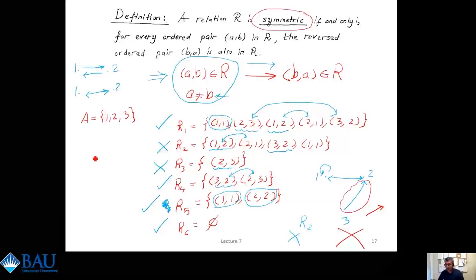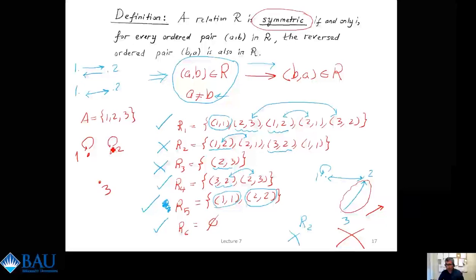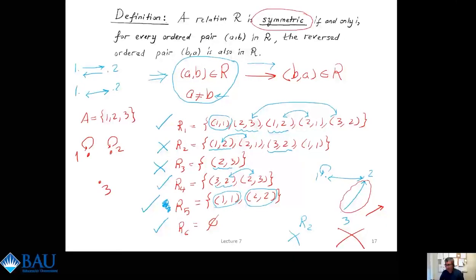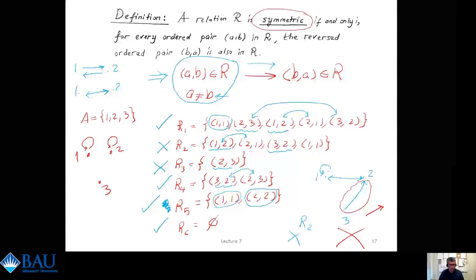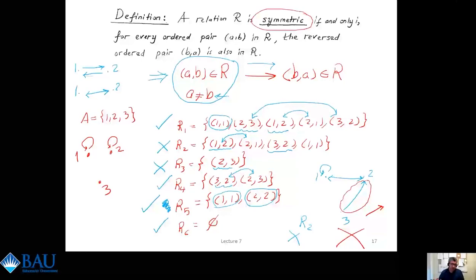This is R5. Look at it. 1, 2, 3. Do we have any one-sided arrow here? No. Therefore, it's symmetric.